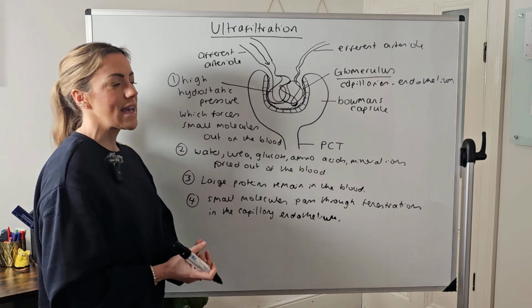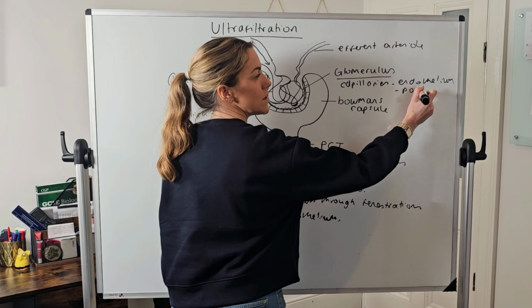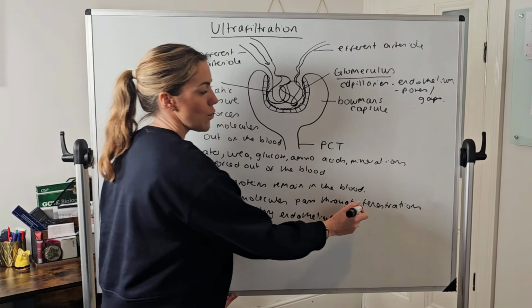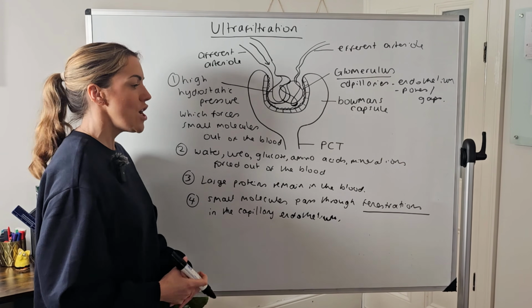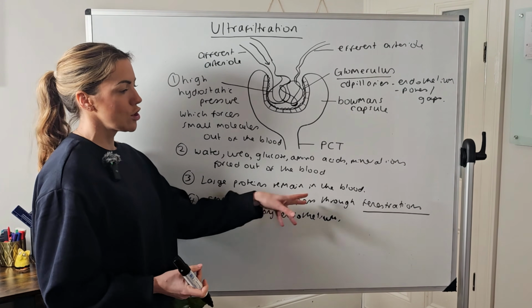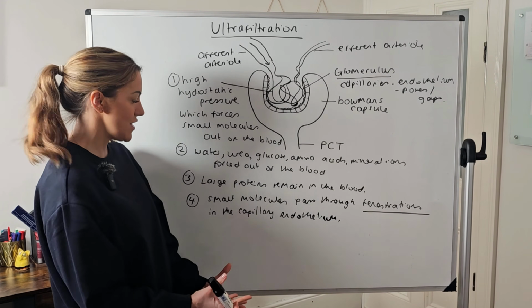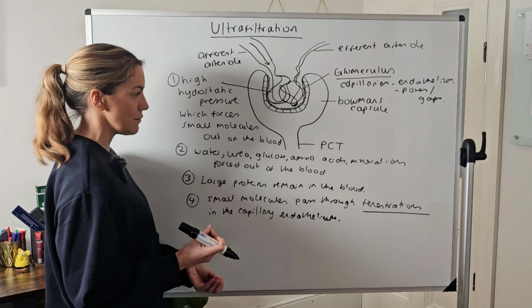It's just a single layer of endothelial cells, but there are gaps or pores between these endothelial cells that we can call fenestrations. Now, you don't have to use the word fenestrations. You can just say that the small molecules will pass through the gaps or the pores or the fenestrations in the capillary endothelium, just the gaps between those endothelium cells.